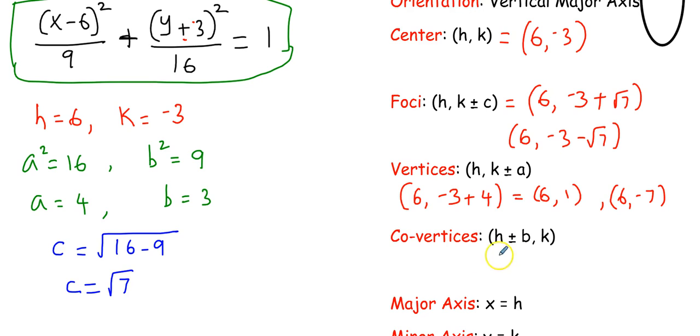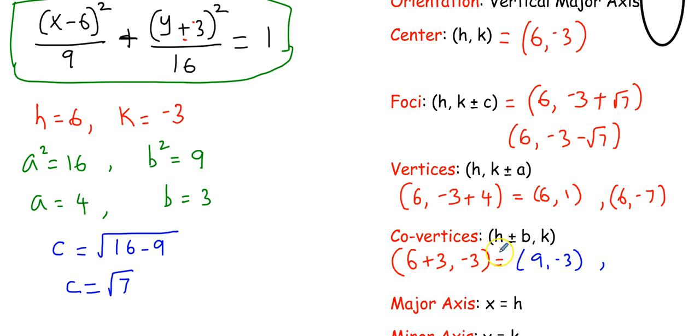And the co-vertices are h, 6 plus your b, that is 3, comma k, negative 3. So that gives me (9, negative 3), and the other point is going to be 6 minus 3, right?